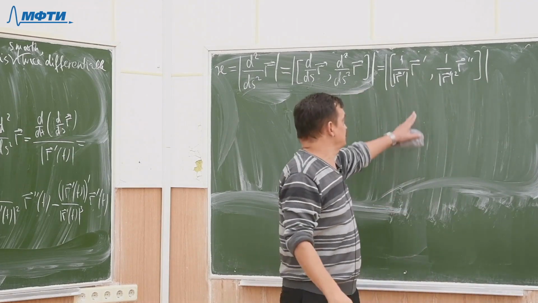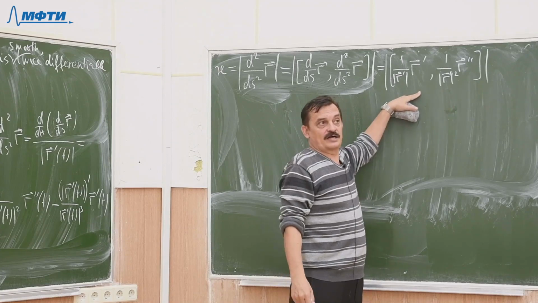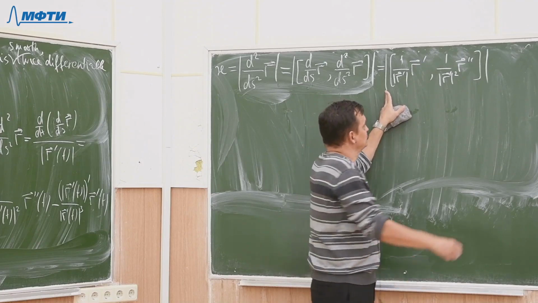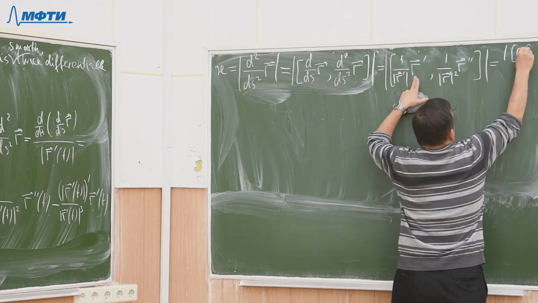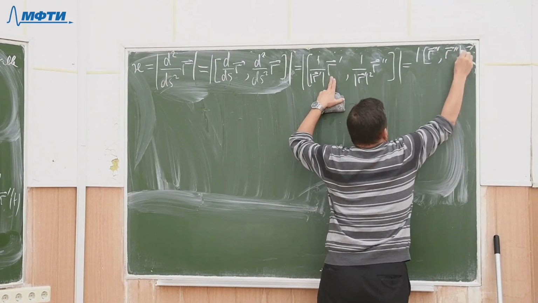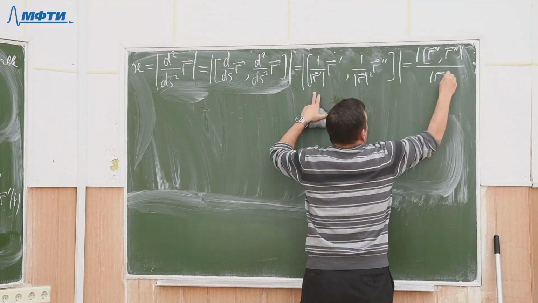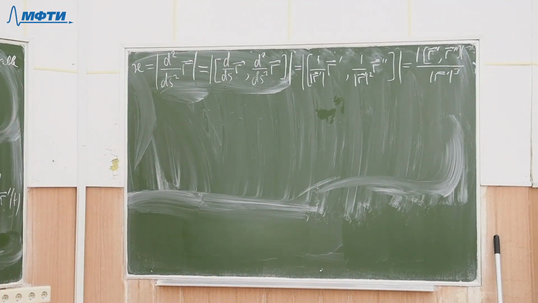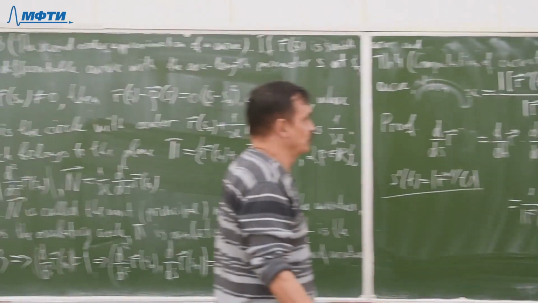Of course, constants may be taken outside of the vector product and then outside of the length, right? So altogether, what we have is precisely the length of the vector product of r prime times r double prime over the length of r prime cubed. What we had to prove, right?